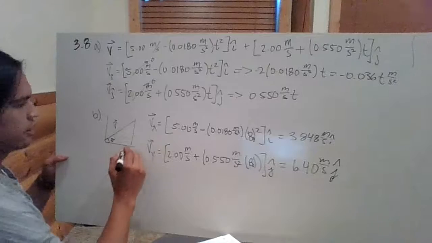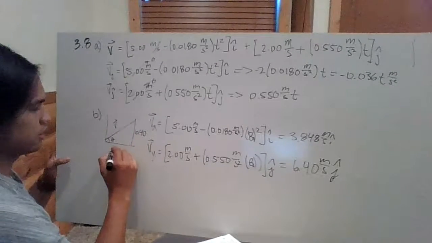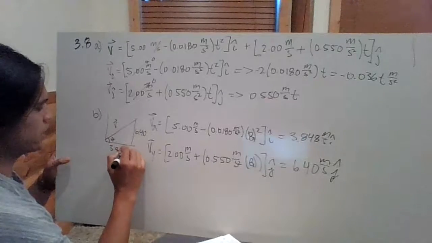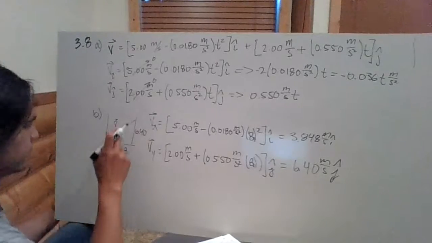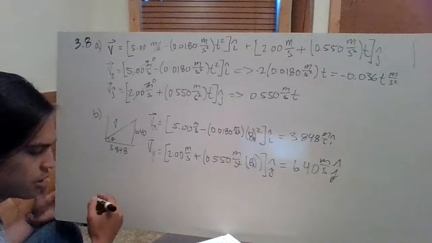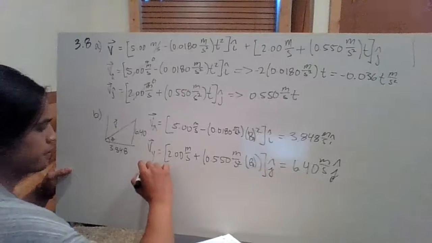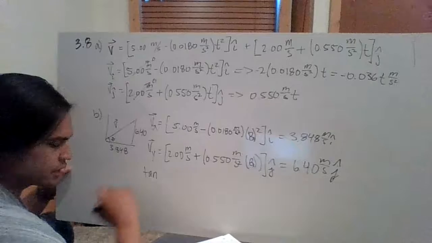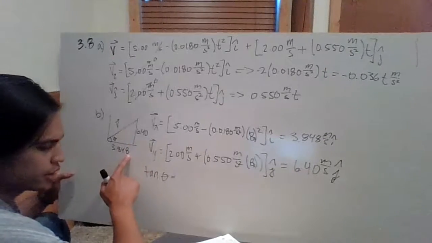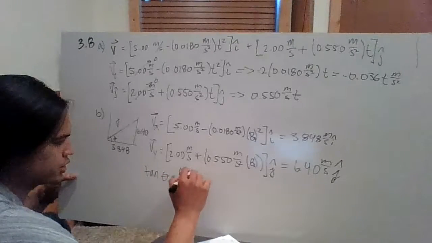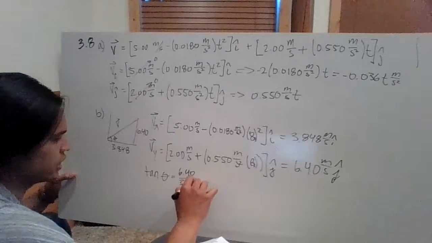So now we have 6.40 and 3.848. Now we can solve for the velocity and the angle. Tangent theta is equal to the opposite over adjacent, so 6.40 over 3.848.